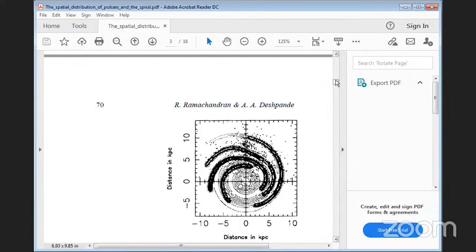That is a separate subject, how to infer the electron density distribution. By taking one such model, and there have been refined models since, one can compare how the distribution of electrons tracing the spiral arms at the present time relates to the distribution of pulsars, which bear the memory of the spiral arm structure when they were born, when their progenitors were born.